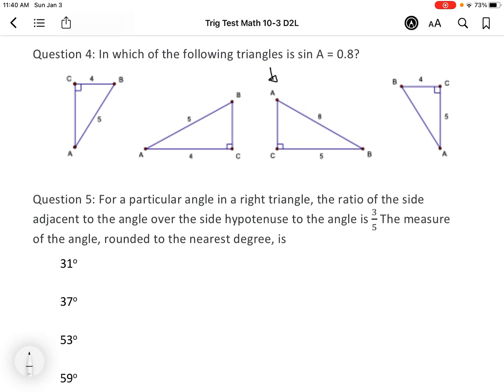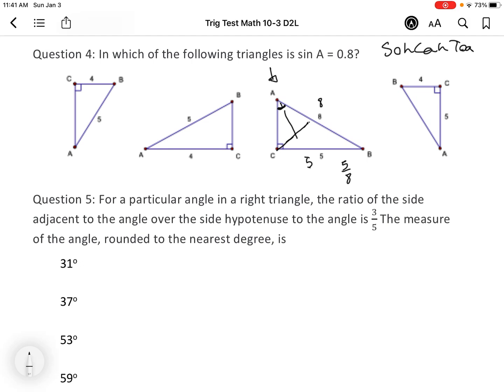Well, firstly, sine is opposite over hypotenuse. So here is my A. And if I label my opposite, that's across, so that's 5. And my hypotenuse is across from the right angle, so that's 8. So sine of A would be 5 over 8 because it's opposite over hypotenuse.